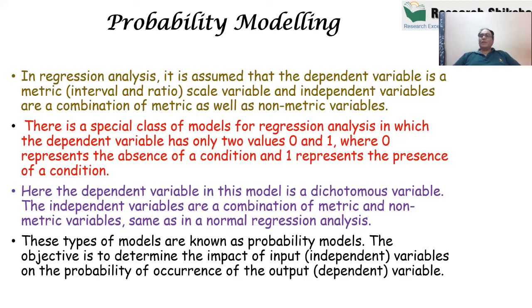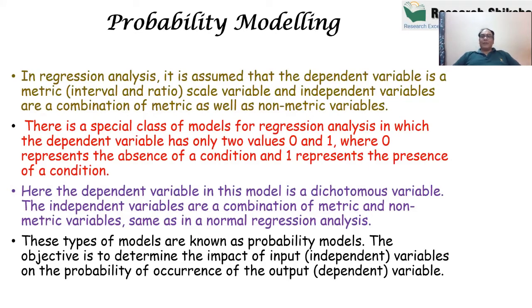Even in finance, once I conducted a study where the shares which became double in 5 years, I call them 1. These shares are known as multi-baggers, and the normal shares are 0. Because we want to define what are the different factors which influence the probability of becoming a multi-bagger.